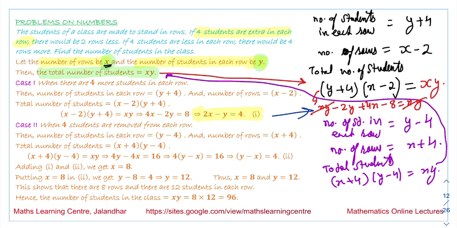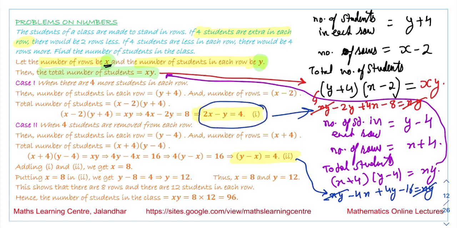In the second case, we get xy minus 4x plus 4y minus 16 is equal to xy. This xy gets cancelled. We take 4 common from both, so the equation we are left with is y minus x is equal to 4. So this is one equation, and this is the second equation.